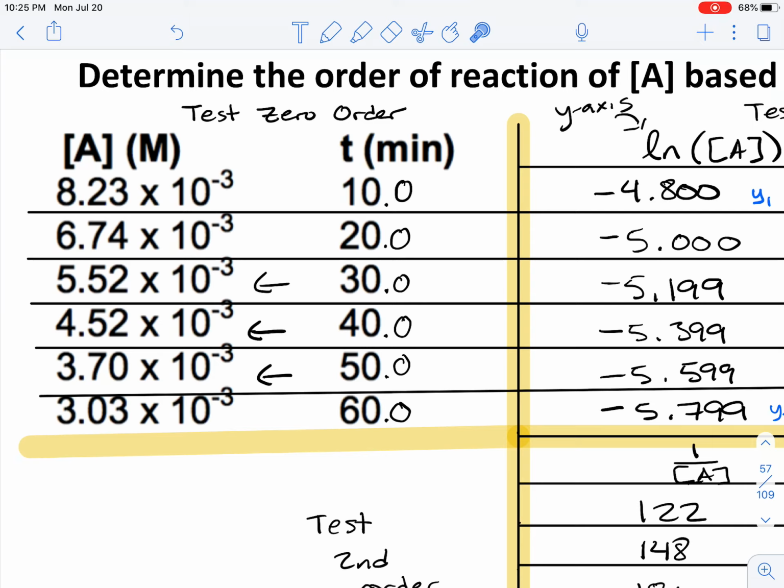And so, for example, if we chose the first point, then the concentration that we're going to be using is going to be 8.23 times 10 to the negative 3, and the time is going to be 10 minutes. Now, if we chose the second point, it's going to be 6.74 times 10 to the negative 3. However, the time is not 10 minutes, it's going to be 20 minutes. So just make sure that you guys are consistent with the points that you guys are using. And so I'll just go ahead and use the first one.